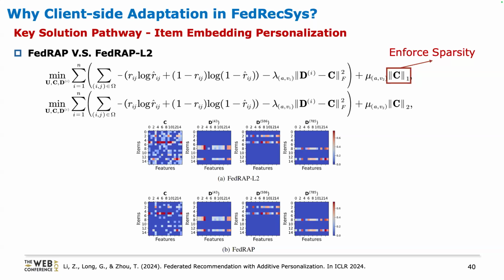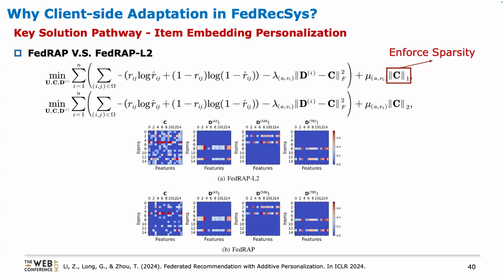On the top row, FedRAP L2 uses an L2 penalty on C, so the global embedding remains relatively dense. And we can see on the bottom row, FedRAP replaces that with an L1 penalty, which, as highlighted here, enforces sparsity and pushes most entries of C to 0.